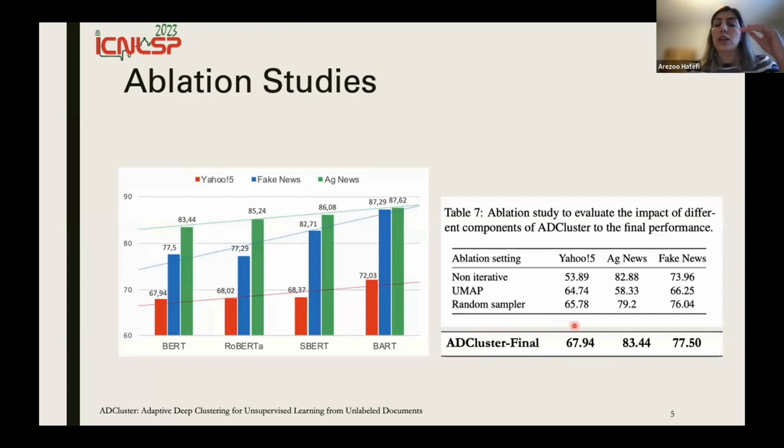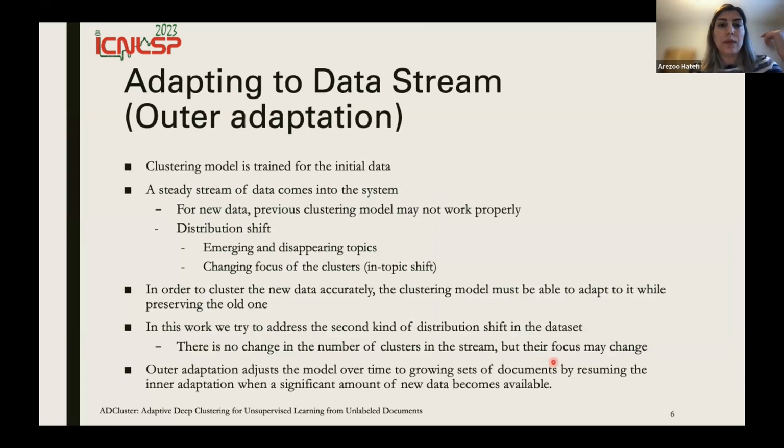And in all of these cases, the accuracy drops. So it shows that the design choices that we made when designing this model are all contributing to the final performance of the model.